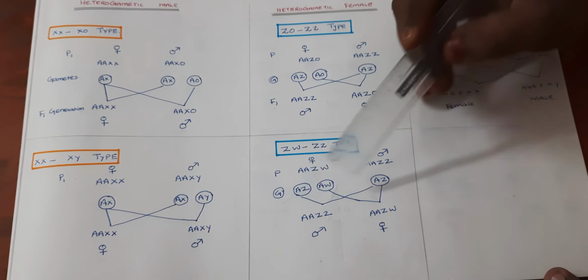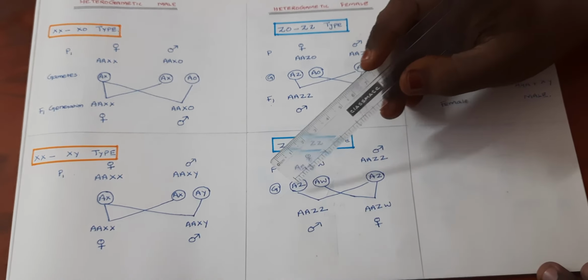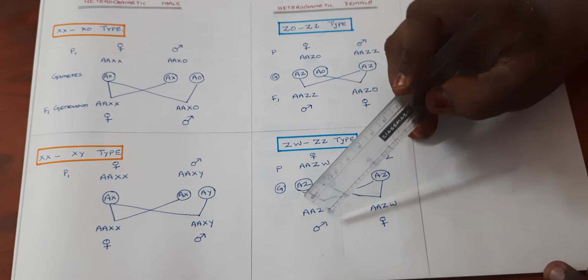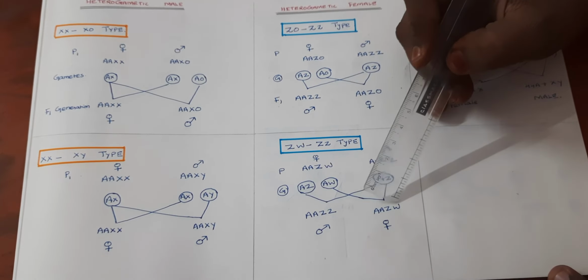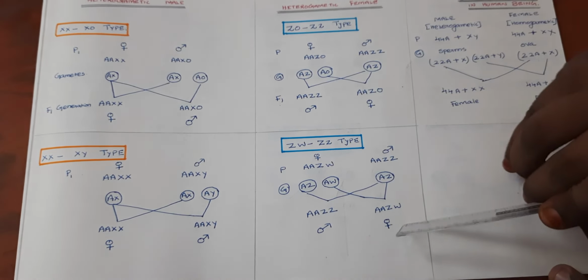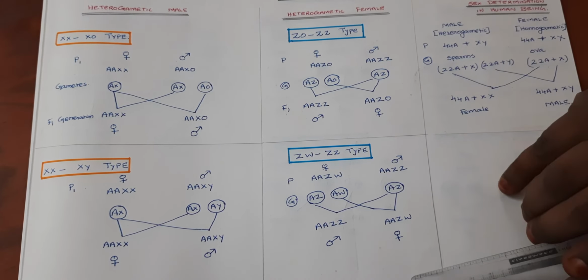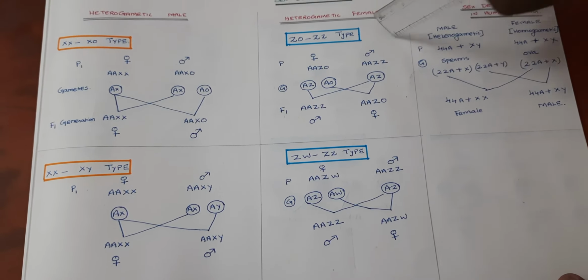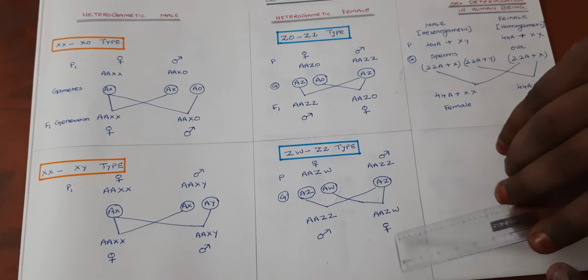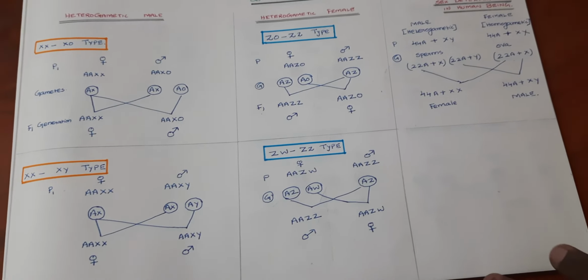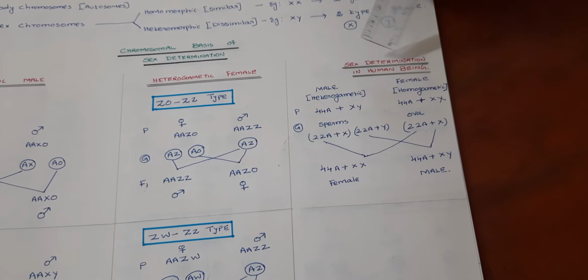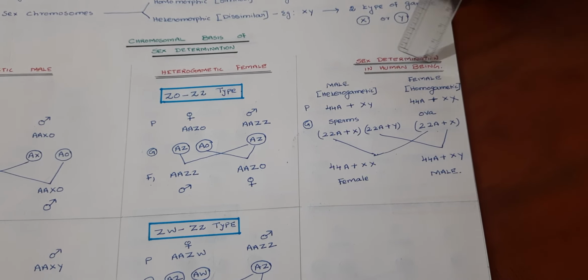All these gametes combine together to form AAZZ male and AAZW female. Examples of heterogametic females given in the book are the Gypsy Moth and the Grasshopper. These are some examples.